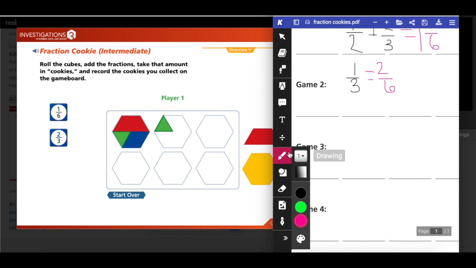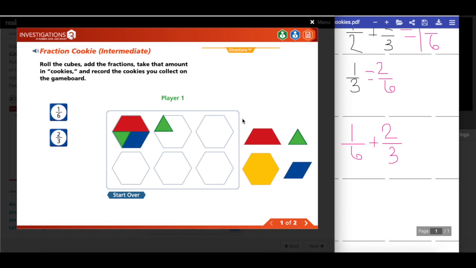I'm going to write my equation here: 1/6 plus 2/3. I want you to pause me now and think about how you can solve 1/6 plus 2/3. What shapes would you be using to add these two fractions together?